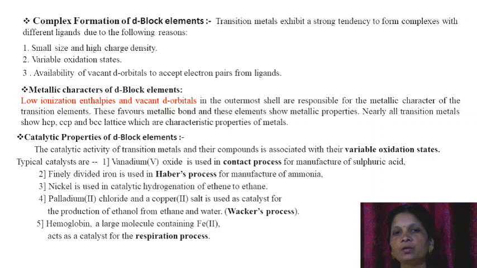These favors the metallic bond and these elements shows metallic properties. Nearly all transition metal shows HCP hexagonal close packing structure, CCP cubic close packing structure, BCC body centered cubic lattice, which are the characteristic property of the metals. So these are the metallic character, why it is seen and how they shows the various kind of lattices.